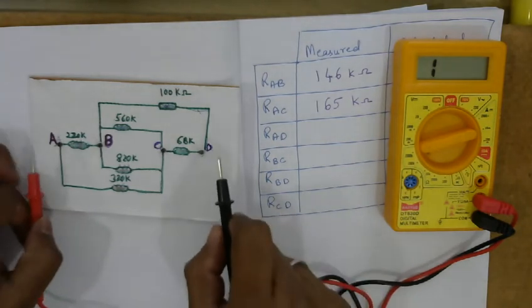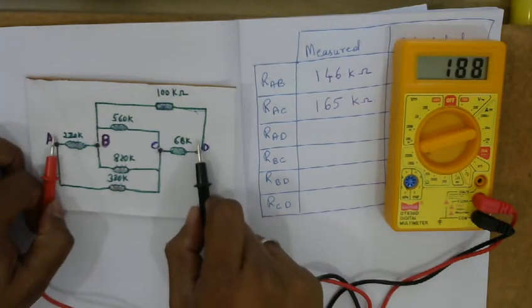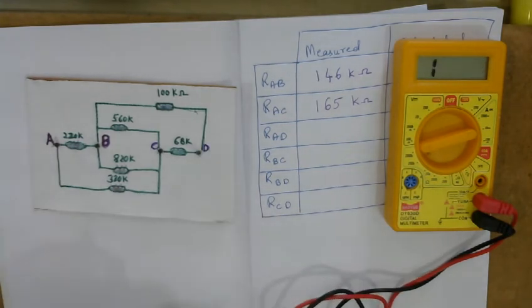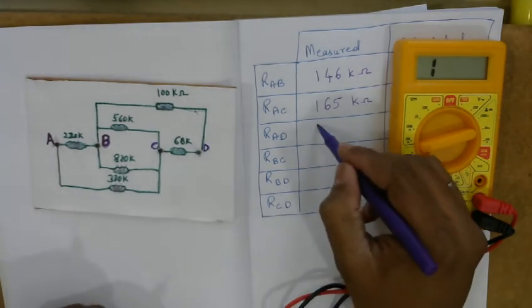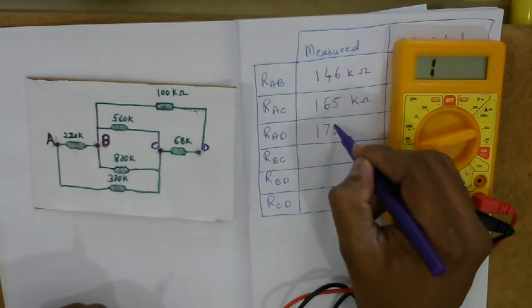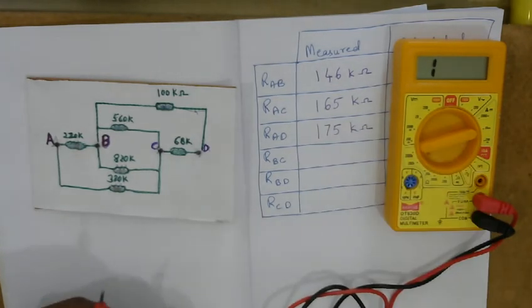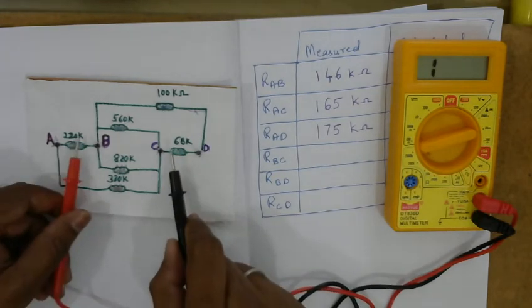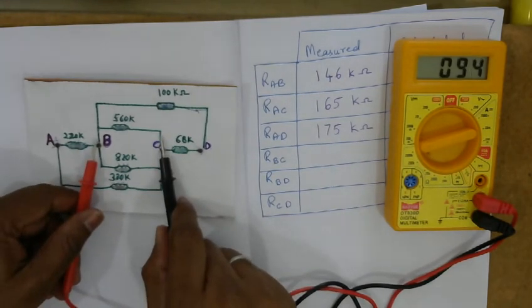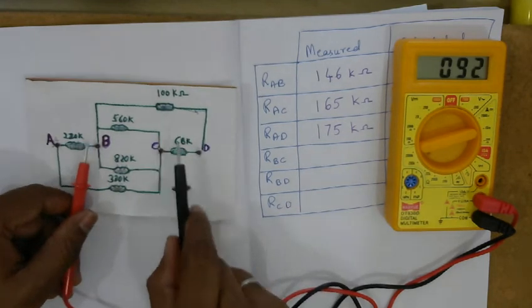Now A to D, RAD: 175 kilo ohms. Next RBC, the resistance between B and C. So RBC is coming to 92 kilo ohms.